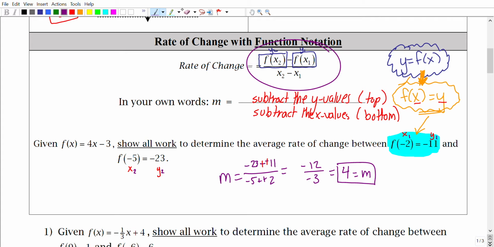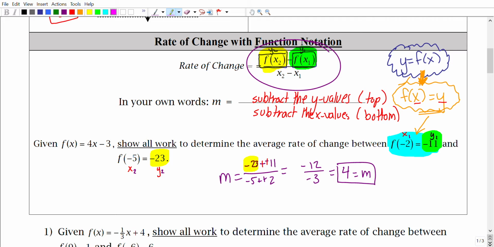So again, let's recap. My f of x2, which was kind of like my y2, is this one, okay, minus f of x1, which is my y1. All right.